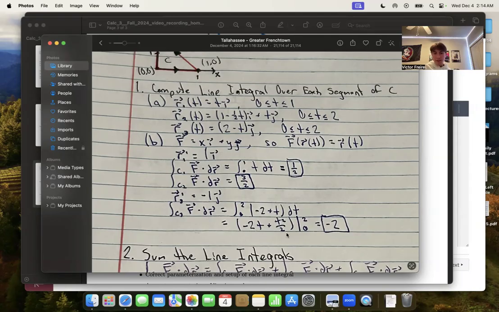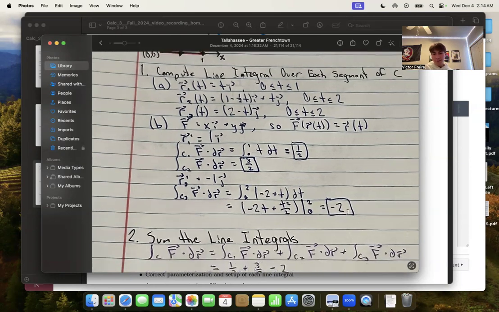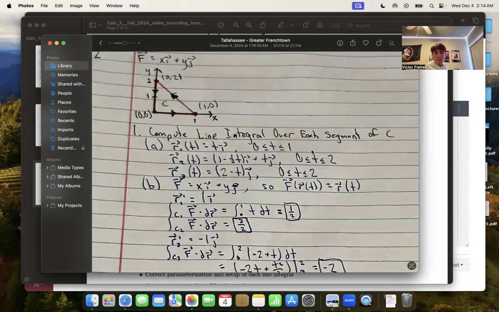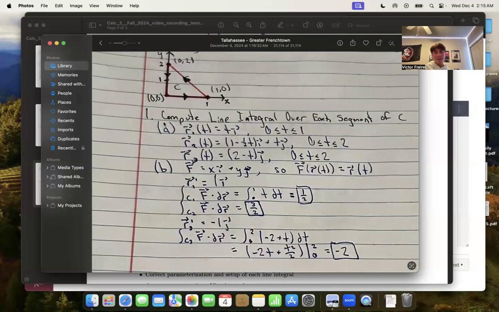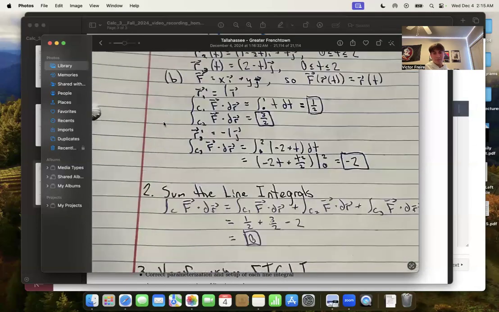Then we evaluate this from 0 to 2, and with easy algebra we get -2. So these are our three line integrals. From here to here is 1/2. From here to here is 3/2. And from here to here, it is -2.